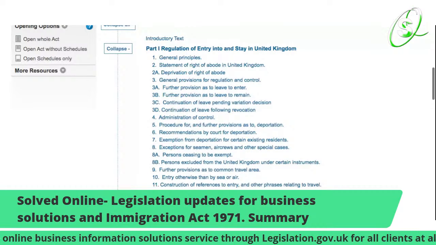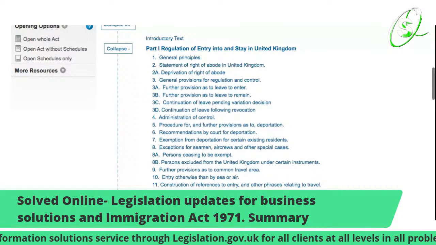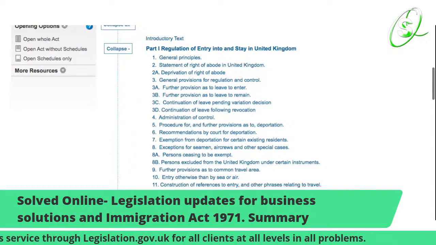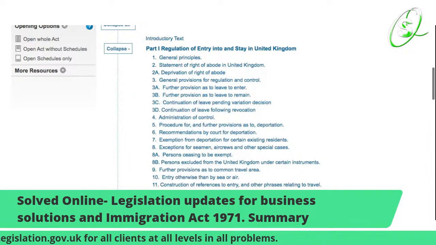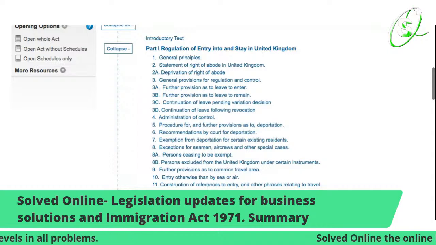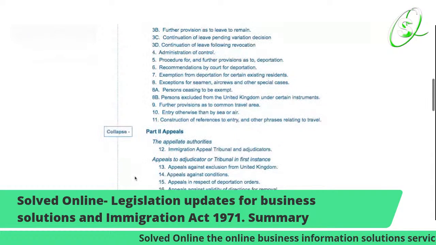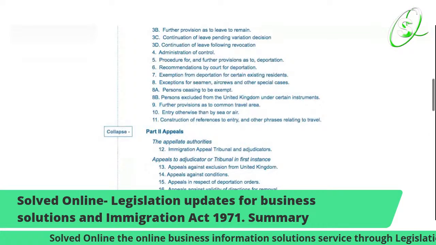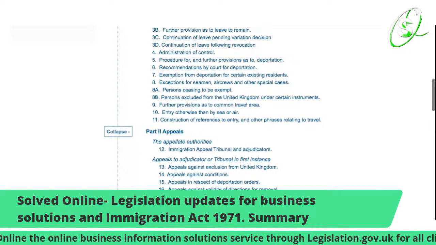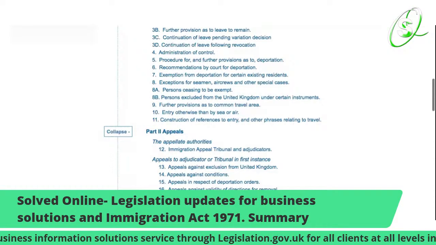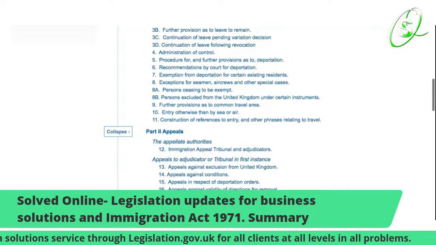Again, 9, further provision as to common travel area. 10, entry otherwise than by sea or air. Again, also 11, construction of references to enter, entry, and other phrases relating to travel.